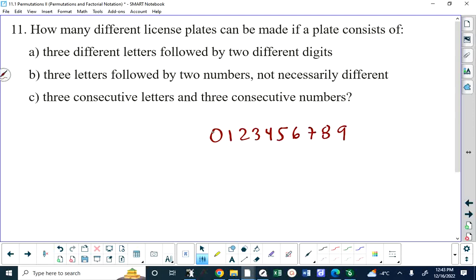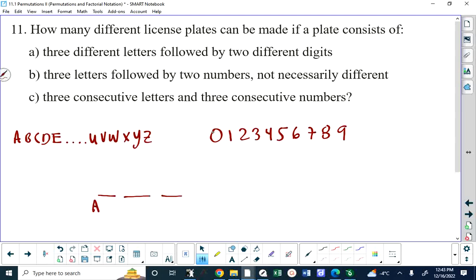And then, of course, we have the alphabet, and I'm not going to write out all of the letters. We have A, B, C, D, E, up to U, V, W, X, Y, and Z, okay? If you want 3 consecutive letters, the first letter has to be a letter that has 2 more after it. So, for example, I can use A for the first letter because then I can put BC.